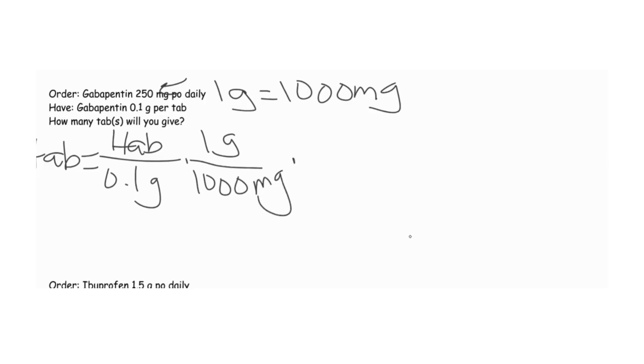We can't solve yet because we need to get milligram out of our equation here. So we're going to go back to our order that we have. We're going to put our 250 milligram in. That is going to cancel out milligrams here.